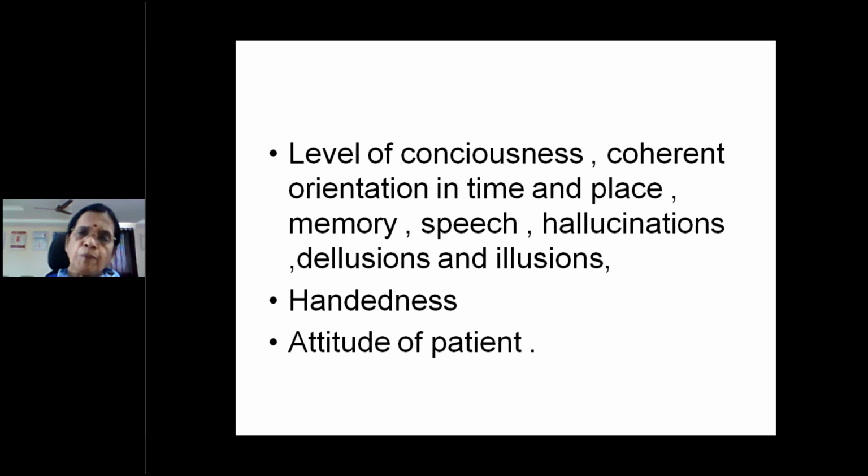So whether the memory loss is for recent events or remote ones, you have to ask in the history. Then speech: loss of speech or difficulty in speech, or various types of speech disturbance, like echolalia, where they repeat in a parrot-like manner, or cerebellar involvement. There are so many diseases where speech can be affected.